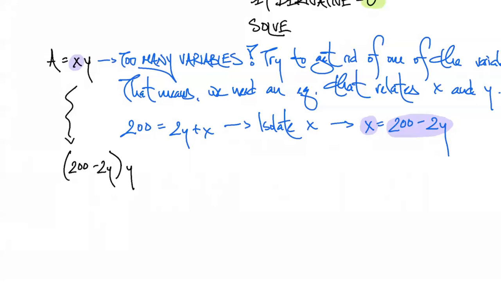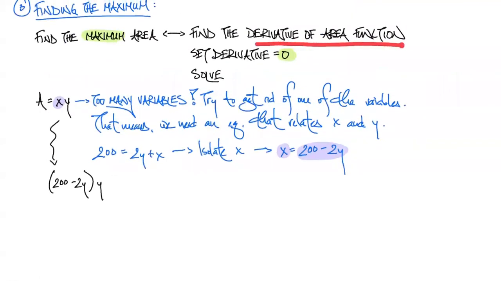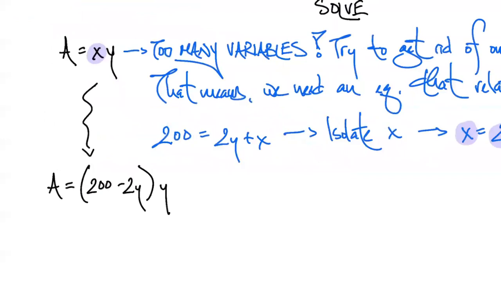Yeah, you're missing that A equals. And you know why that's such a problem? We're trying to find the derivative of the area function. If you don't have an A, then you're not going to get a derivative of A. So it's really important that we have A equals here, okay?